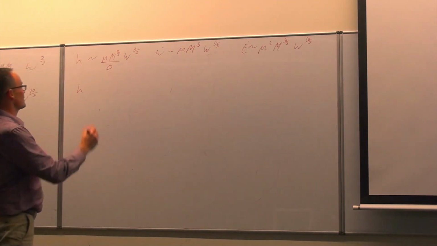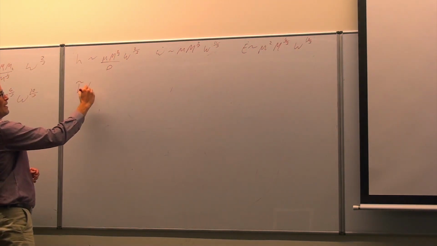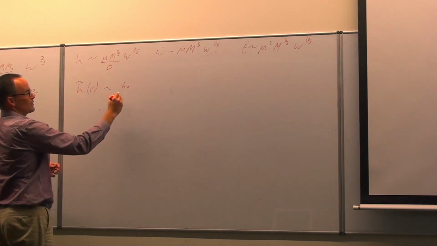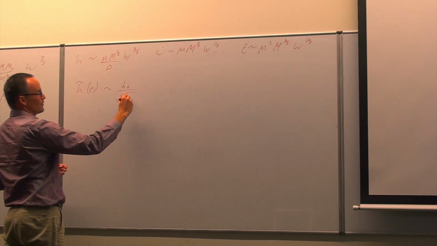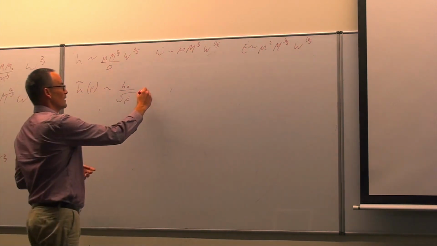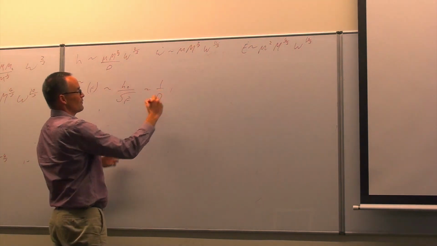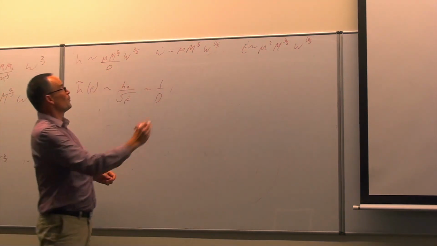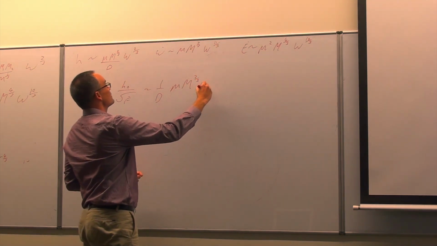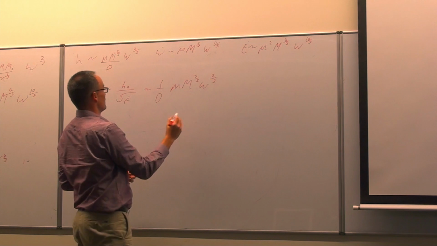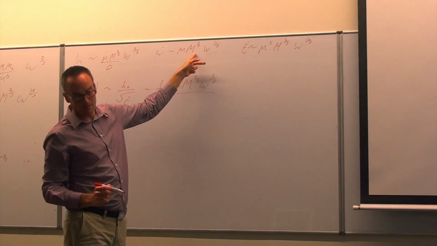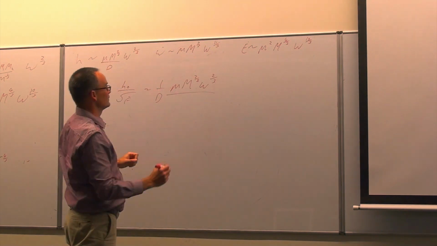We said before that the Fourier domain amplitude at a particular frequency scales like the amplitude divided by the square root of f dot. And so this must scale like, that's the 1/d factor from here, but we have a mu times m to the 2/3 times omega to the 2/3. And we need to divide by the square root of this quantity here.